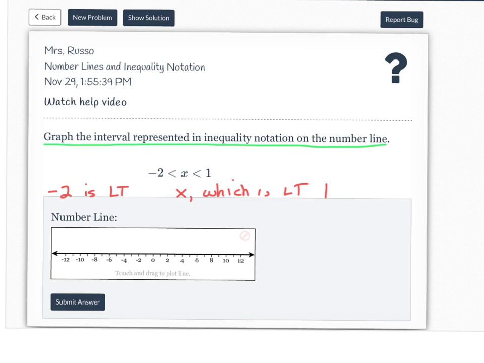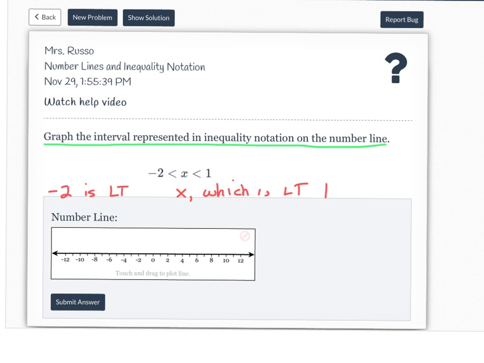So notice we say that the x goes right in the middle. That will always happen. We go lowest number on the left to the highest number on the right, and those inequality symbols will face the same direction. They will always both be less than signs. So that seems a little backwards to us because that -2 is less than, but it's really a greater than sign.